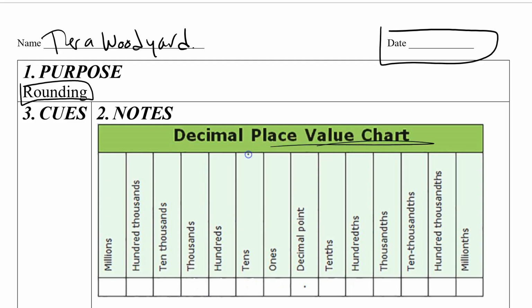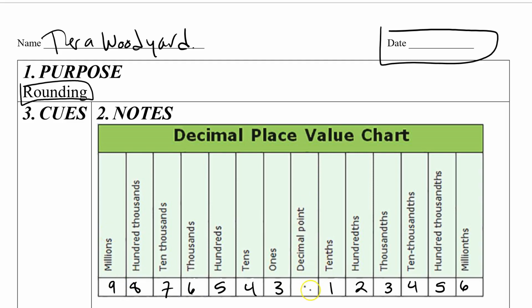Okay, so our place values. So if I were to go 9, 8, 7, 6, 5, 4, 3, 1, 2, 3, 4, 5, 6. Now, what I would say is that the 3 is in the ones column, the 4 is in the tens, the 5 is in the hundreds, all the way up to millions.